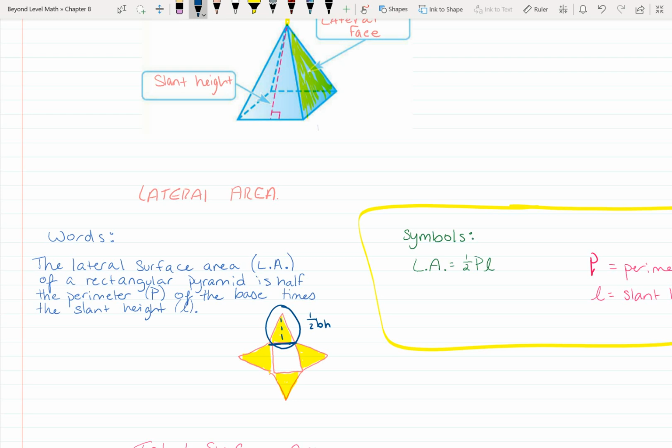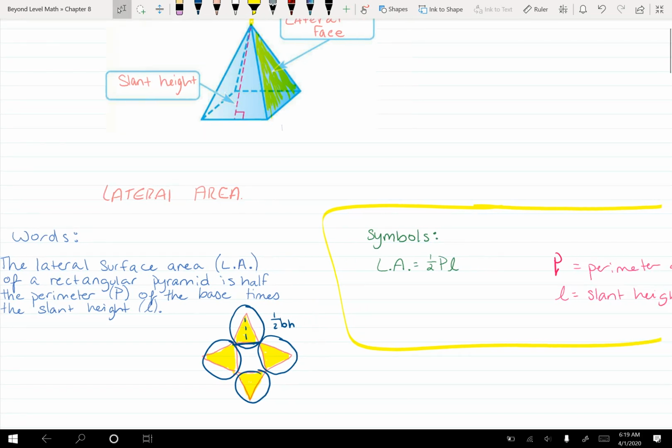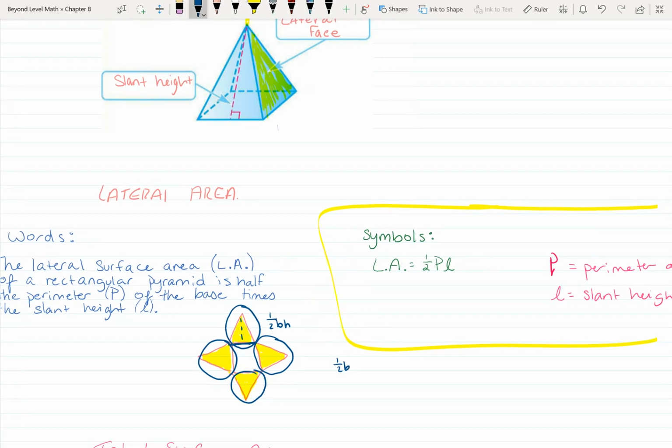So to find the area of all of them, since they're all the same, because in this section we're using regular polygons, so this would be a square, all of the bases really would be the same. We would do 1/2 base times height times 4, right? Because we've got 4 of those triangles.